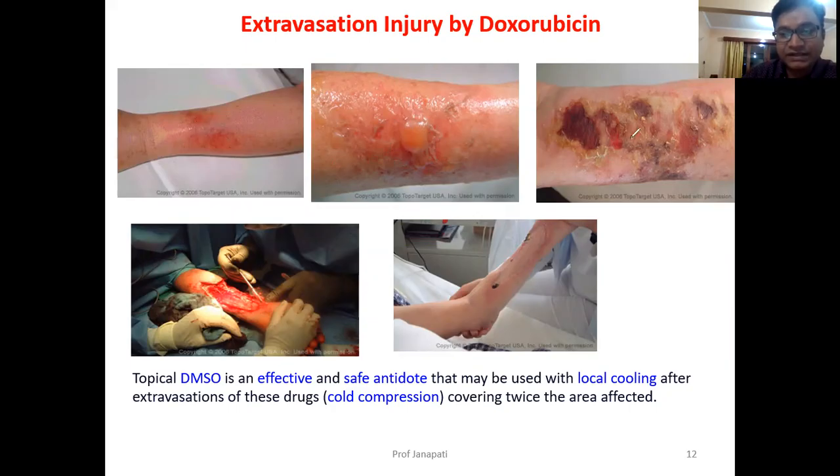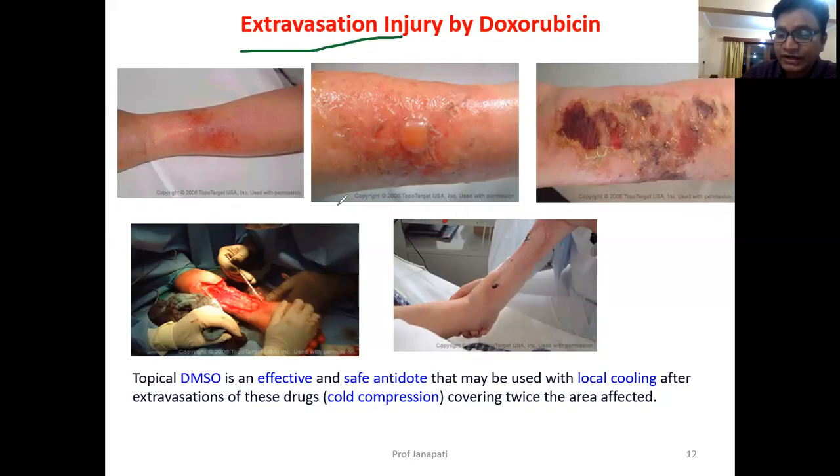Sometimes you see the cells, it eats everything, and sometimes even gangrene. You see everything, the veins, tissue, everything is eaten by the drug. This is the issue with doxorubicin. It is a very good drug, but more side effects again. To prevent this extravasation, this is called extravasation injury.